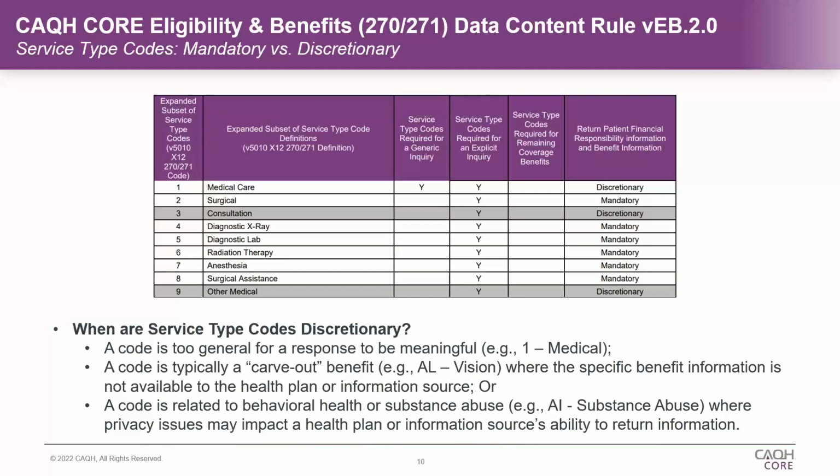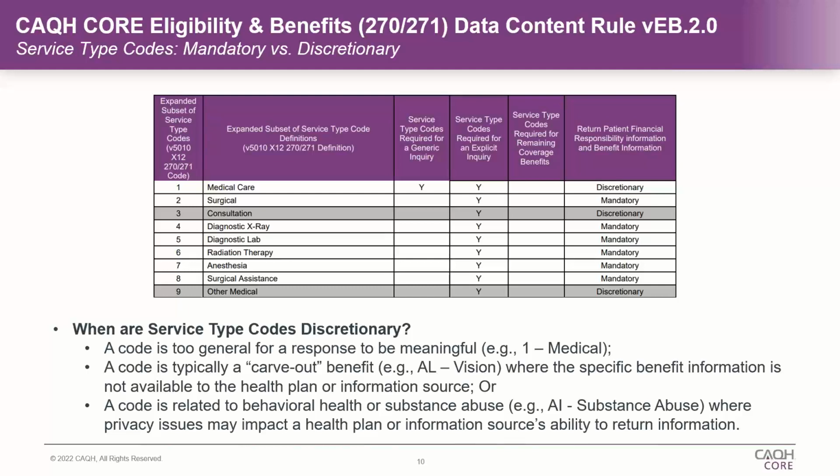Within the operating rules that have been around for quite a long time now, since 2006, we have the idea of discretionary and mandatory. And this is a broad topic related to types of benefits. So I want to maybe clarify what is going on when we say discretionary and mandatory.